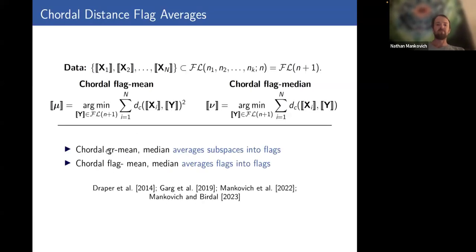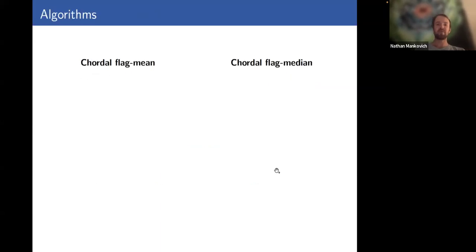So essentially, the mean and the median on the Grassmann manifold average subspaces and output a flag, and the mean and the median on the flag manifold average flags and output a flag. So we have some algorithms here.